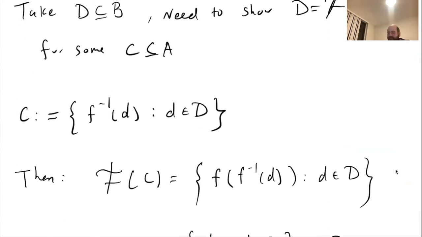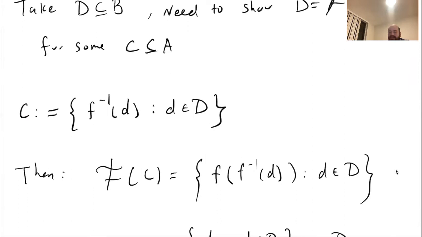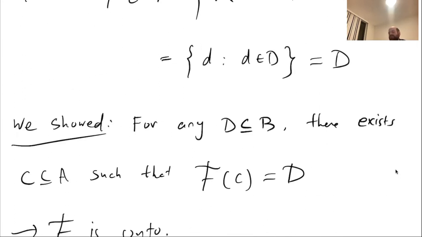The element inside domain here is C. It's inside the domain because it's a subset of A, therefore an element of P of A, such that F of C is D. So every element in codomain, I found one element in domain, such that F of that element will give me the element in codomain. That means every element in codomain occurs as an output, and therefore the function is onto.